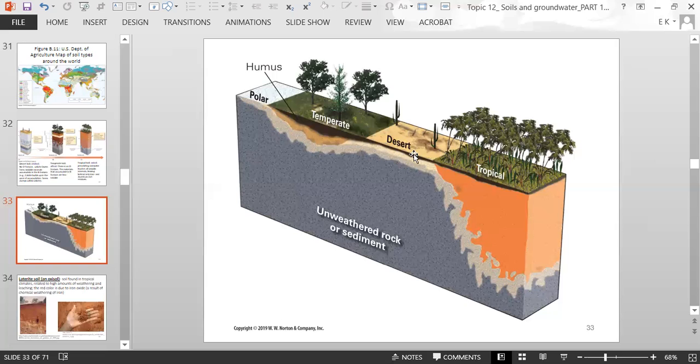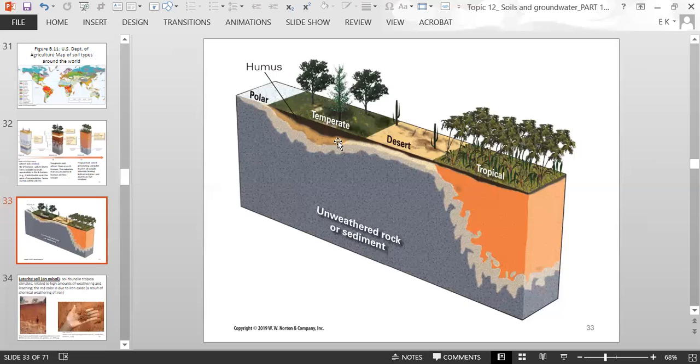Your desert, you have some humus, but the thickness of the soil is very minimal, okay? So very thin soil. And then your temperate, which is like where we live here in the Northeast, we have a temperate zone. So you're going to have a moderate thickness, okay, not extremely thick and not extremely thin. You have a moderate thickness of soil.